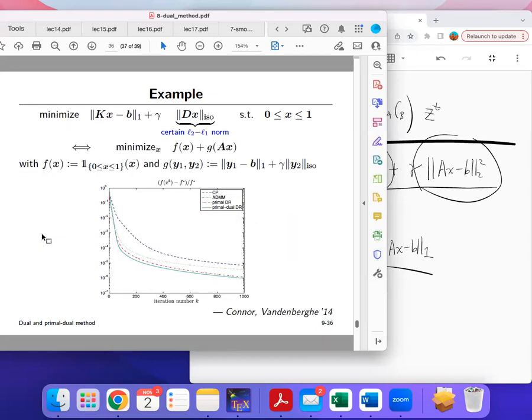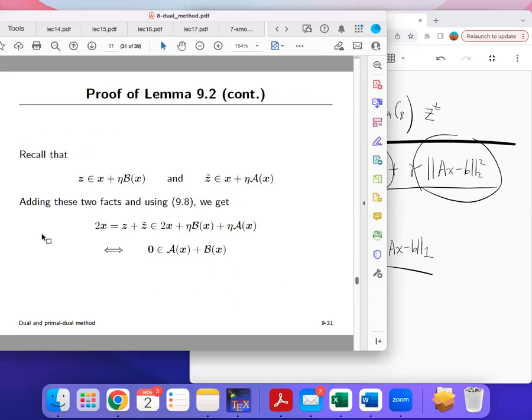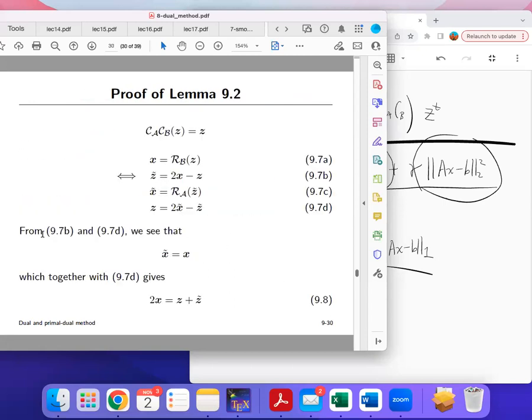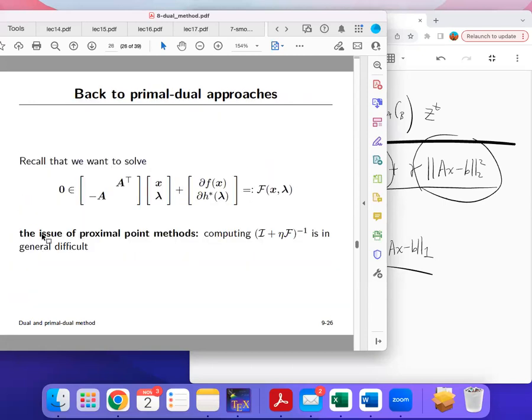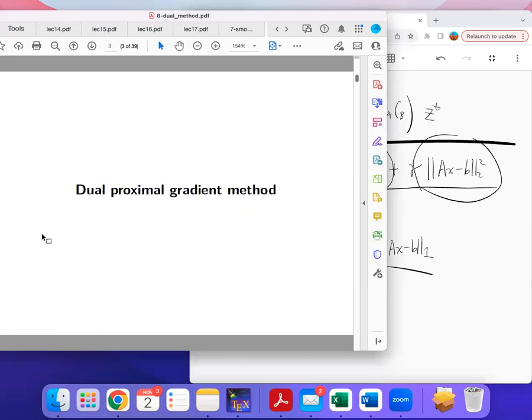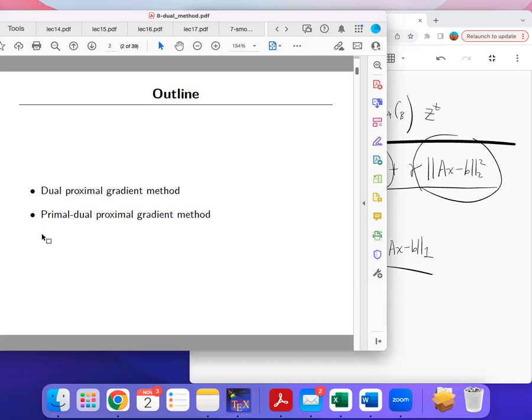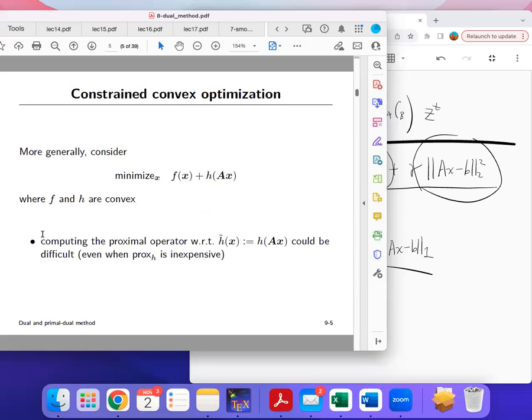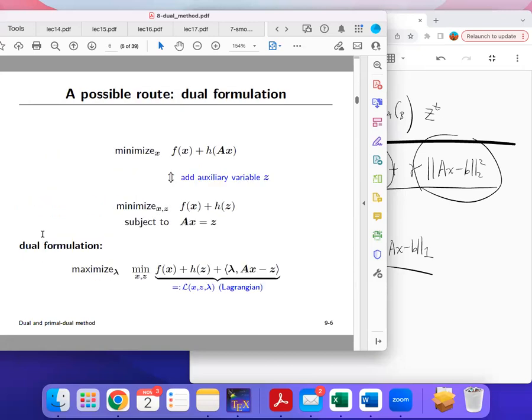Okay, so I think that's everything for this lecture. So we talked about several algorithms: dual proximal gradient, primal-dual proximal gradient, and Douglas-Rachford splitting. I think the key idea, the most important thing, is this primal-dual formulation.